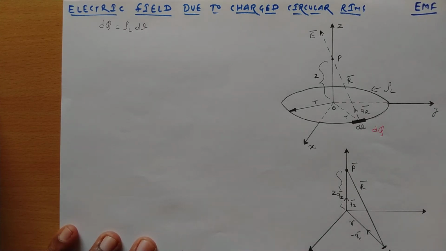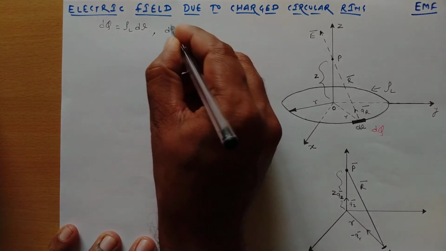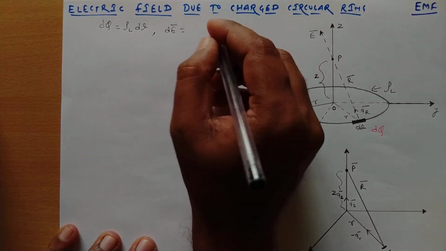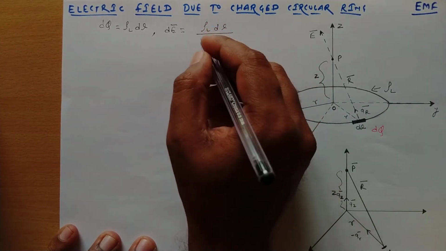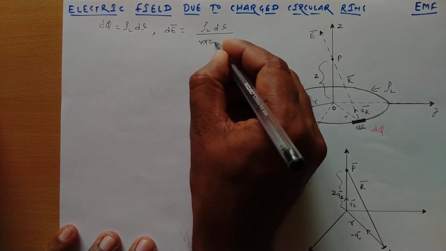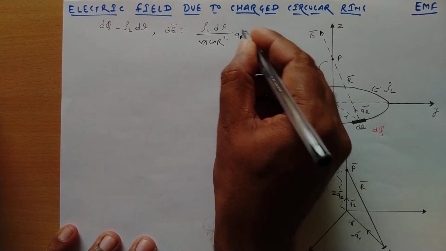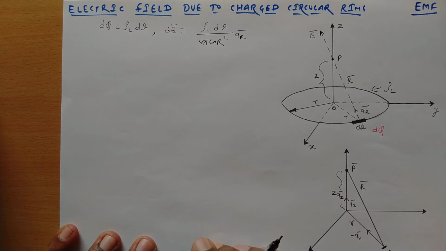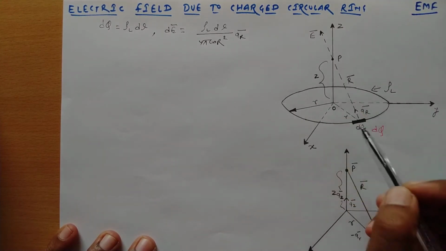Because of this differential charge, the differential electric field intensity will be given as dE equals rho l dl upon 4 pi epsilon naught r square ar, where r is, as I told you, nothing but the distance of this point P from this differential length dl.